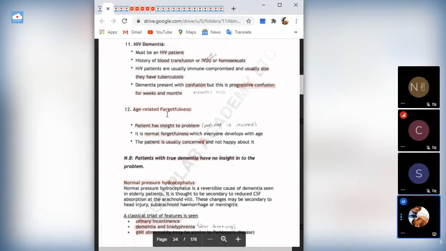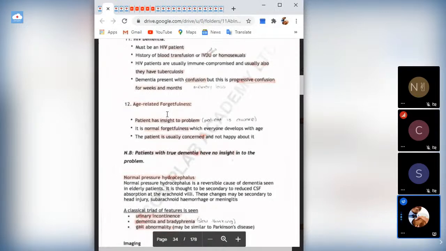Okay, HIV-associated dementia presents with confusion, but this is a progressive confusion over weeks and months. Things about HIV, they are going to be progressive, slow, unlike prion disease where it is rapidly progressing, right?